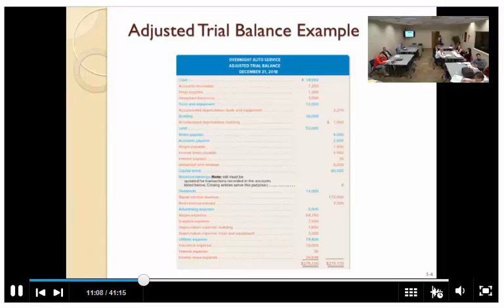If I see unearned revenue, my question is, have you earned any of this? Or if I see prepaid insurance, has any of this insurance expired? So we use it as a tool to determine what work we need to do.